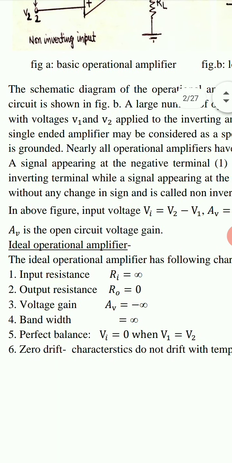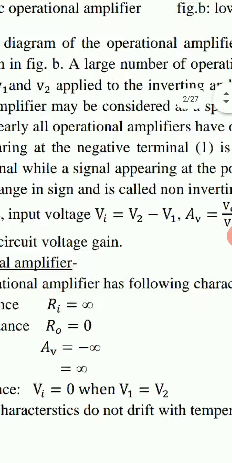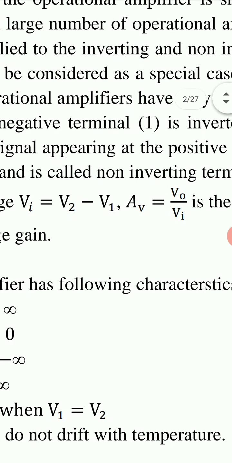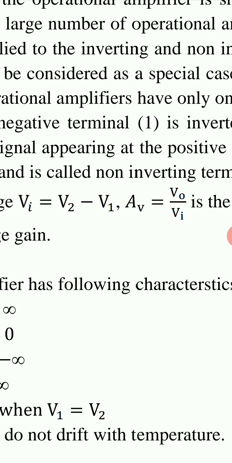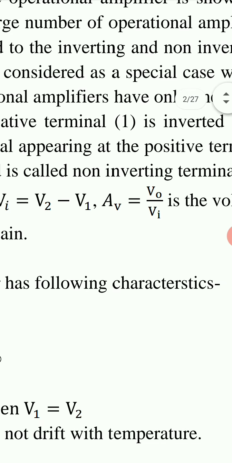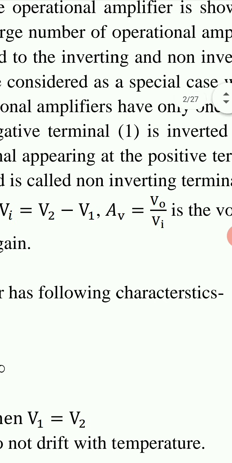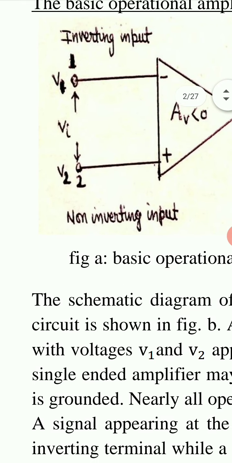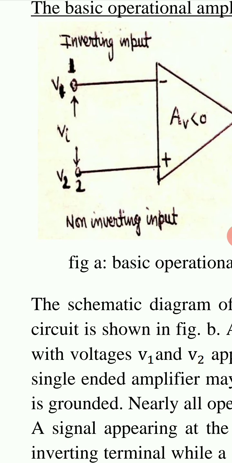In this figure, input voltage Vi is V2 minus V1, and voltage gain AV is equal to VO upon Vi. Input voltage Vi is the difference of voltages between terminal 1 and terminal 2.